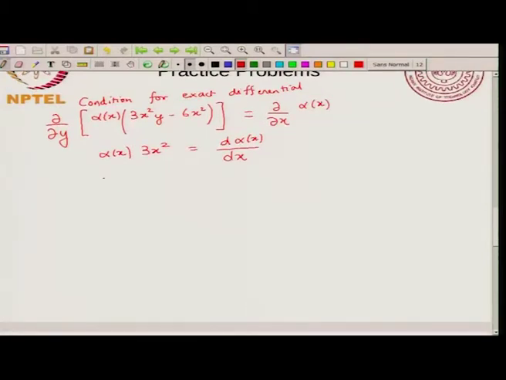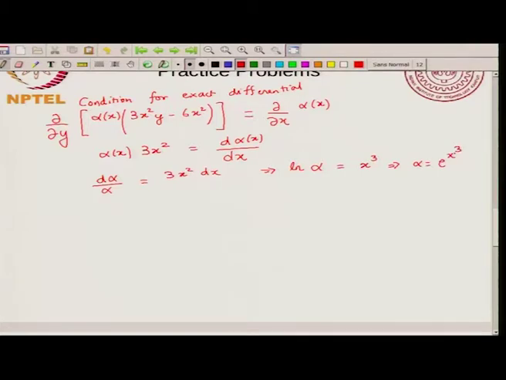I can rewrite this as d alpha by alpha is equal to 3x square dx, and if you integrate both sides you will get the natural log of alpha is equal to x cube, or alpha equal to e raised to x cube.